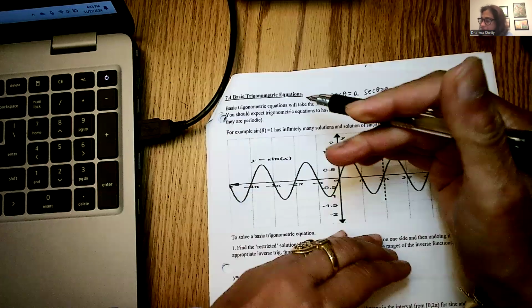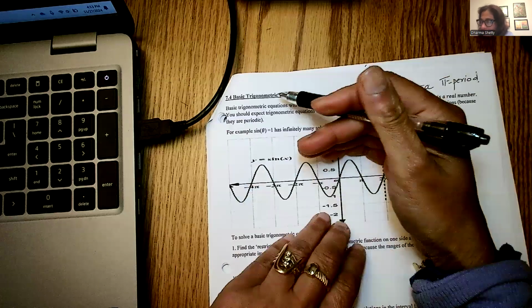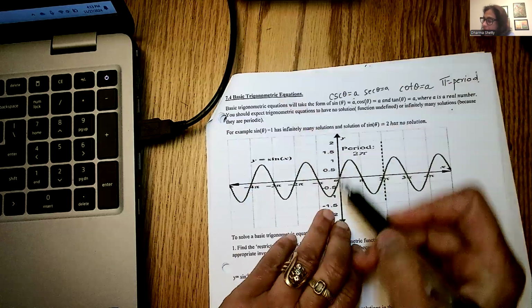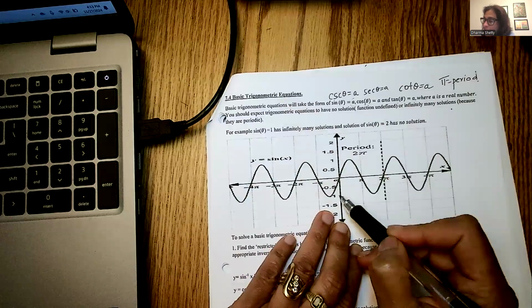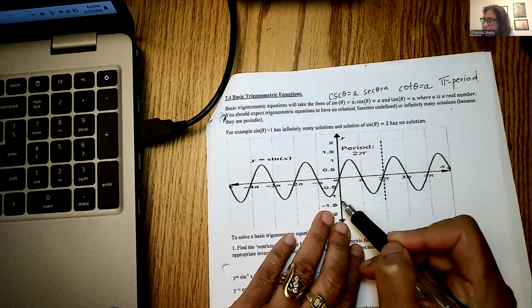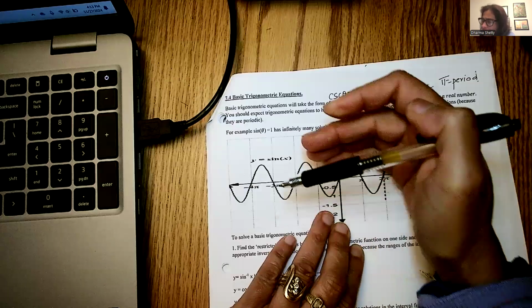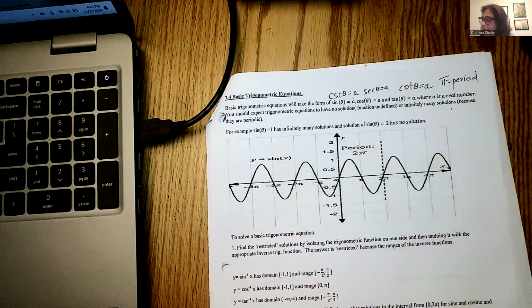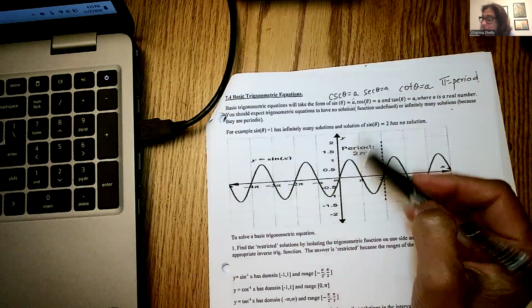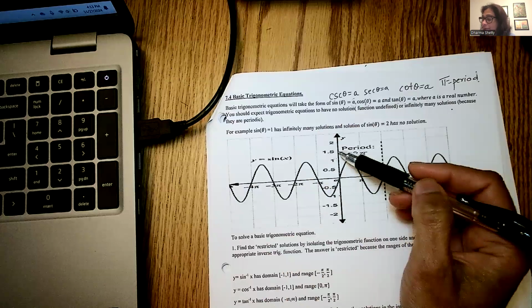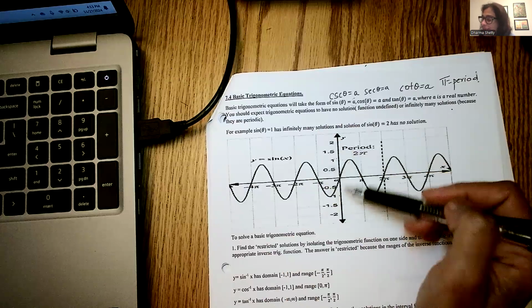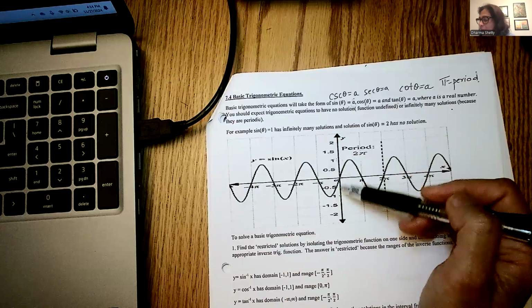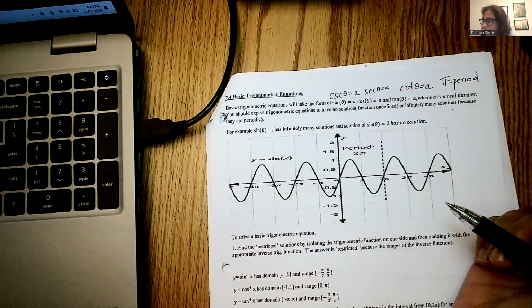So in the case of sine, it is defined if the value of a is between 1 and -1. If a is any value above 1 or below -1, sine is undefined. On the other side, cosecant is not defined between 1 and -1. So if cosecant is equal to any number between 1 and -1, it is not defined.